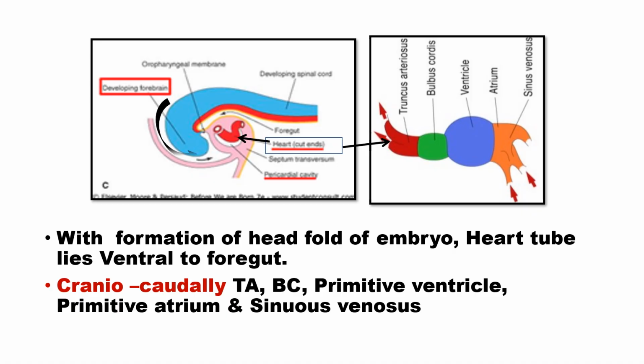With the formation of the head fold of the embryo, the heart tube comes to lie ventral to the foregut. Craniocaudally, the heart tube presents the truncus arteriosus, the bulbus cordis, primitive ventricular chamber, primitive atrial chamber, and sinus venosus with the right and left horns.